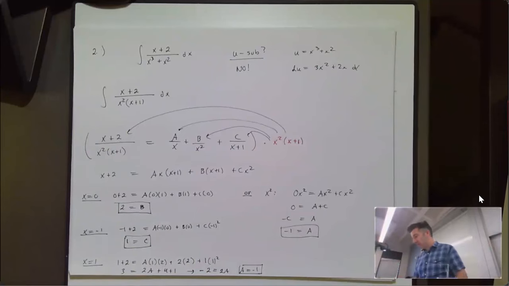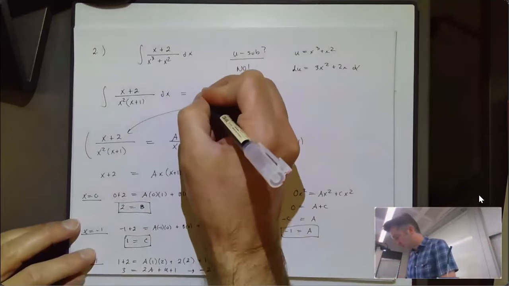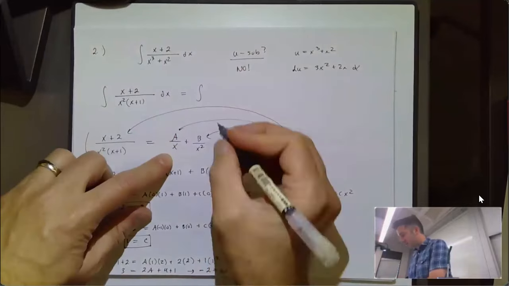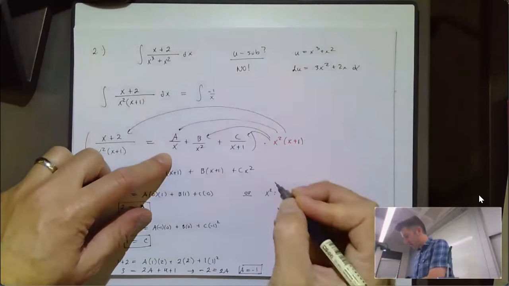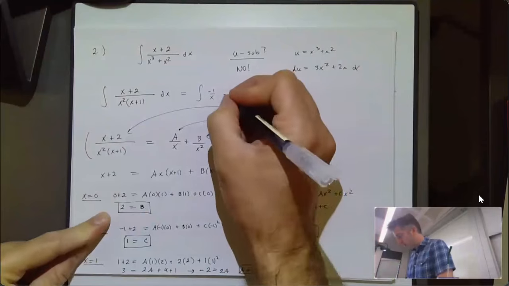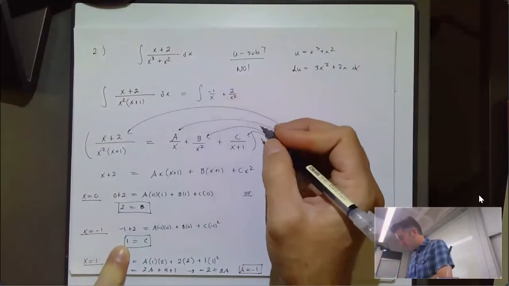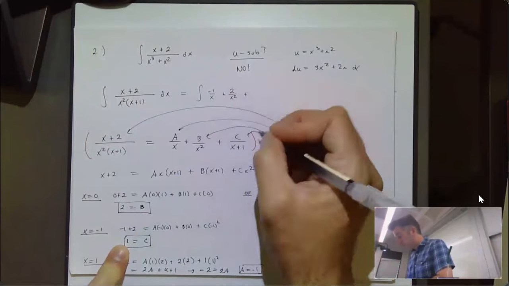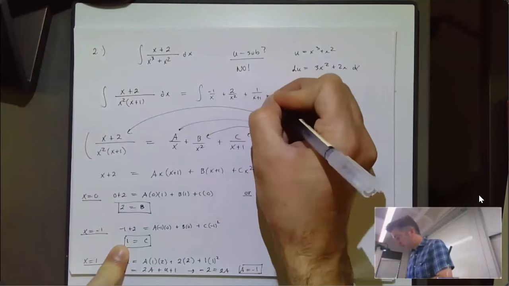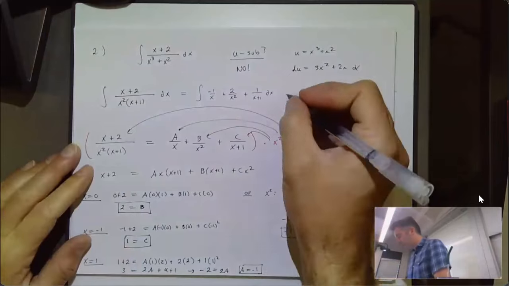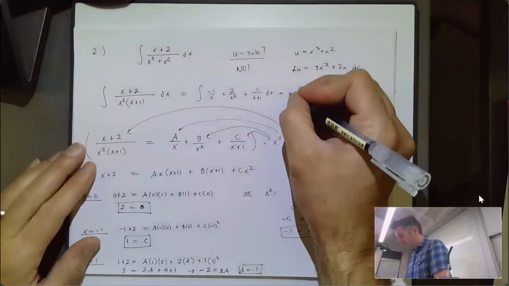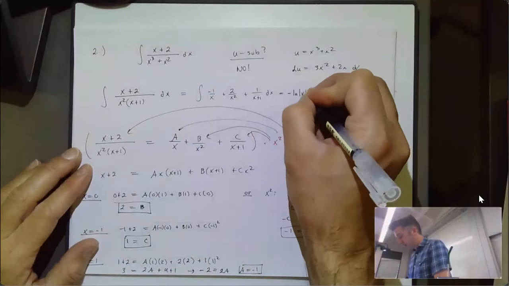So then we can integrate this. This is going to equal the integral of -1 over x, plus 2 over x squared, plus 1 over x plus 1. So that's going to end up being the integral of -1 over x is negative natural log of the absolute value of x.